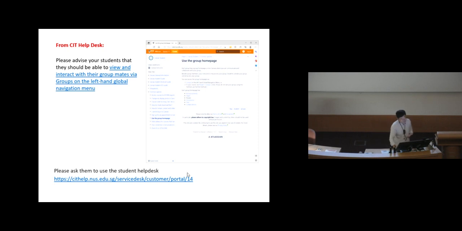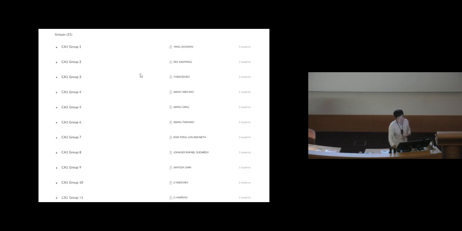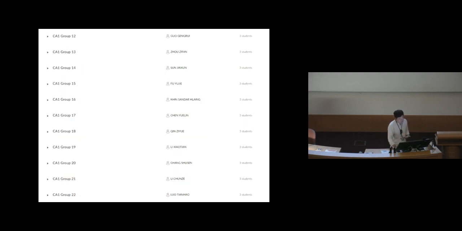I mentioned earlier that there are altogether 31 groups. These are the randomly appointed leaders of the groups. If you are the leader and no one in the group has initiated a meeting, maybe you can take the initiative to do so. I'll be uploading this onto NUS Canvas.